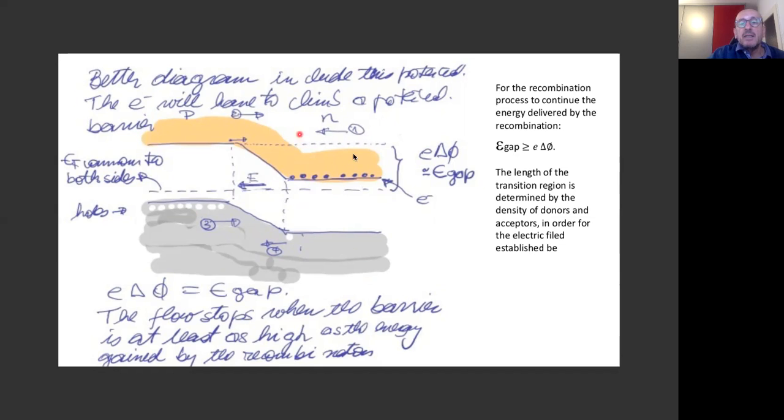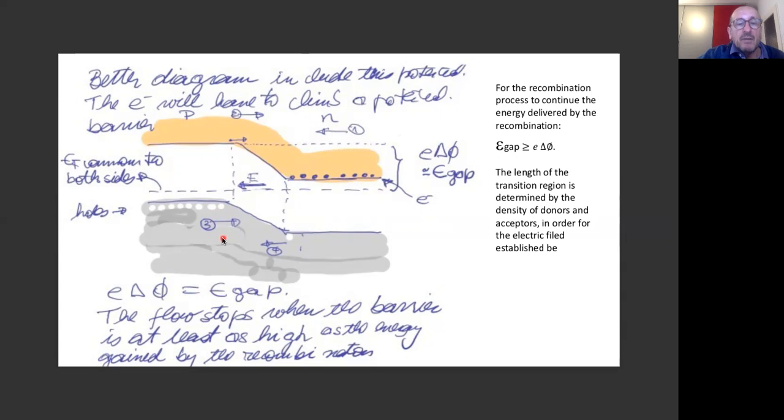The density of electrons above this level is going to be just the thermally excited levels, and the current that I could drive in that direction will be proportional to that number, the number of thermally excited carriers above this level. For the holes, the same thing on this side.